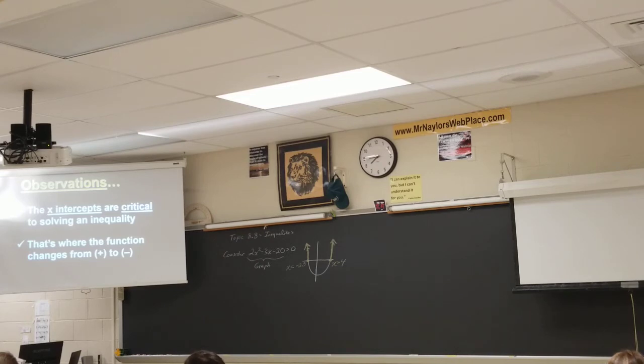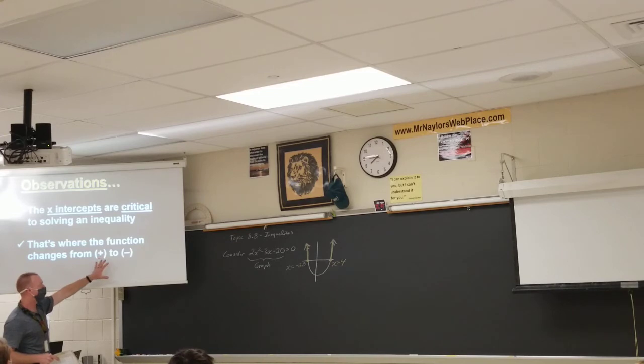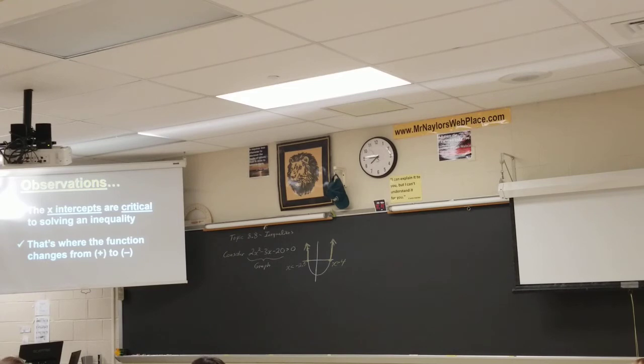It actually means a place where things change. You'll hear this many times again in calculus next year. It's not a hard idea, but it might be a new way to think about x-intercepts being a place of change. And they're the place where the function will always change from positive to negative or negative to positive.